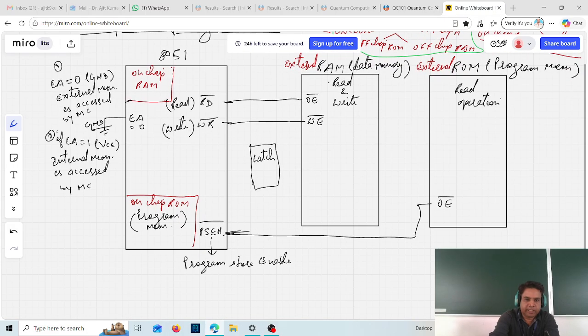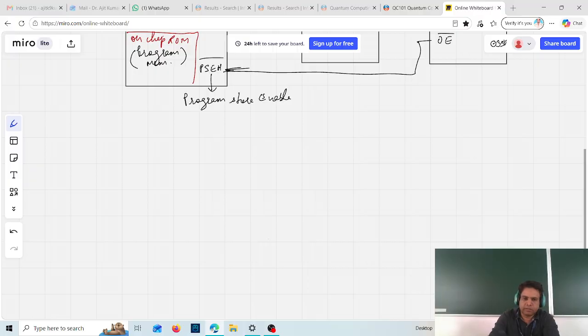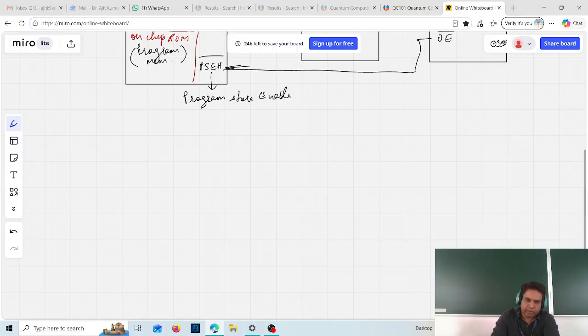Now, why is this latch there? Just recall, you might have studied the D latch.